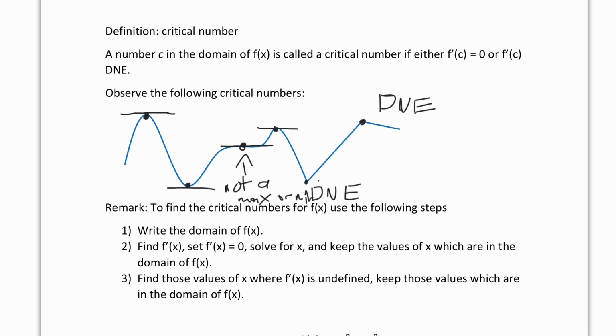We're going to look at this in more depth throughout these examples, but just because you have a critical number does not mean you have a minimum or maximum. Fermat's theorem is very precise, and it goes one way, but it doesn't go the other way in mathematics. A relative minimum or maximum has to occur at a critical point, or a critical number, but a critical number is not necessarily a minimum or maximum.